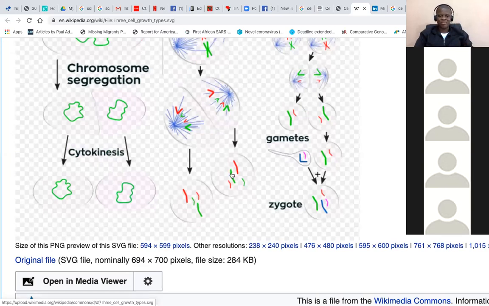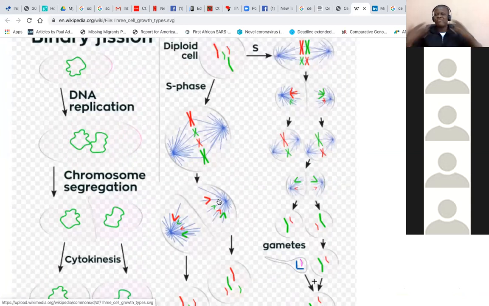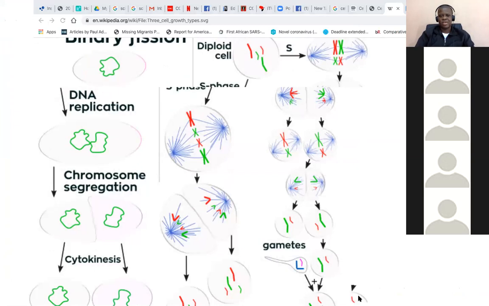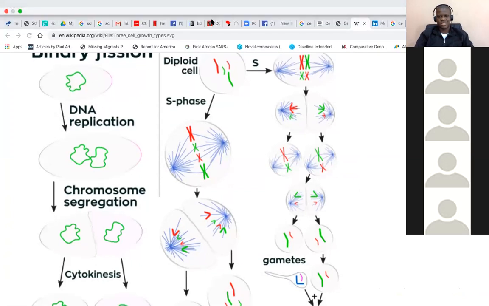And when that happens, we have it in this format, and the daughter cells are complete. So that is, in a nutshell, everything that cell division is all about. You shouldn't struggle to figure that out. It's straightforward, and I hope it's something that you can easily understand.